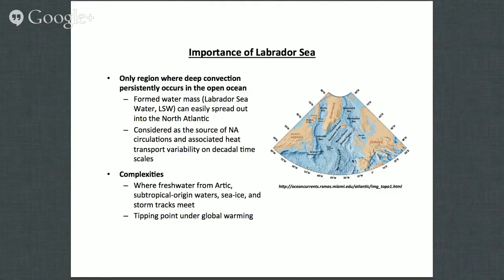And the Lab Sea is also where freshwater of Arctic and subtropical origin, waters, sea ice and storm tracks meet. So there is great complexity there. So it is considered as one of the tipping points under global warming.